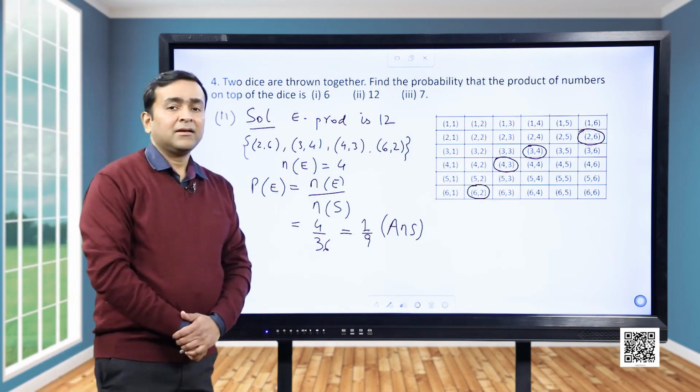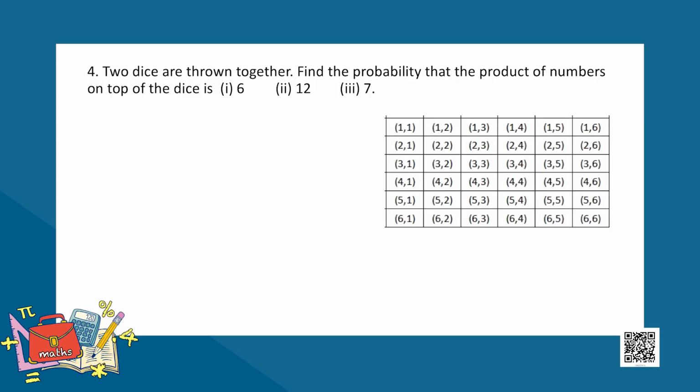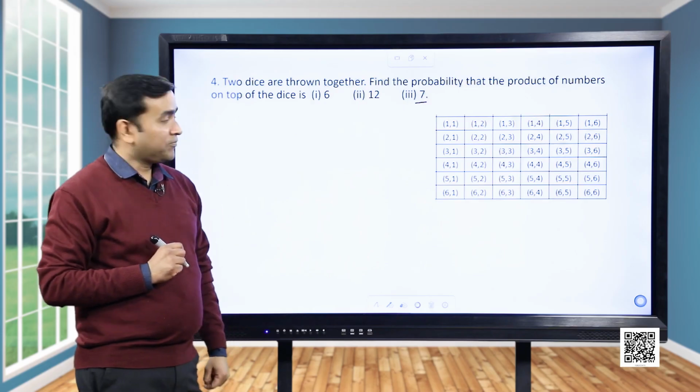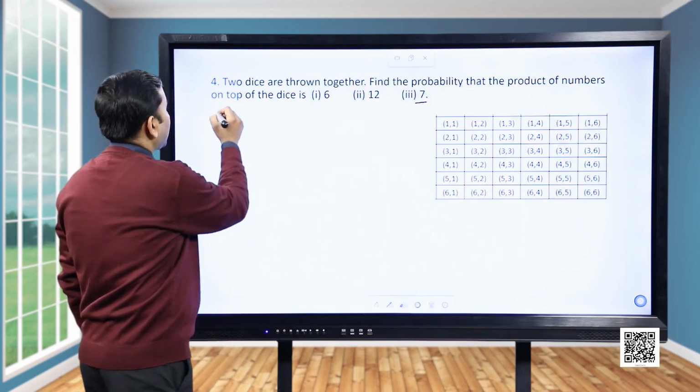Did you understand? Let us solve the third part. In this, we need to find the probability such that the product of numbers is 7. Okay. So let us write these.